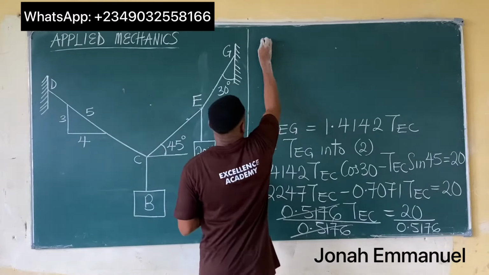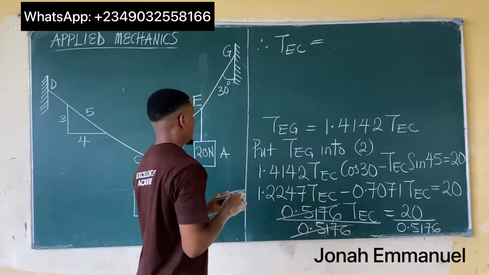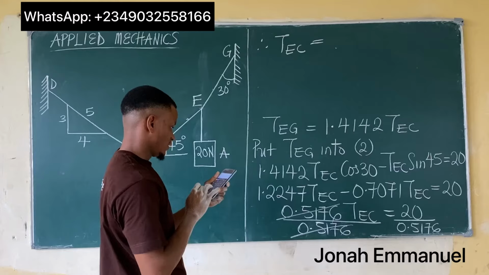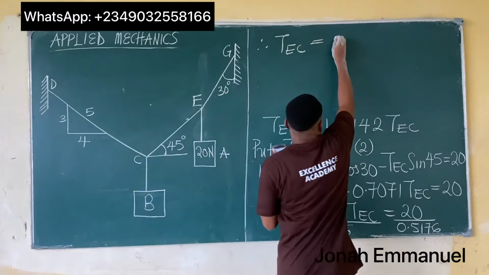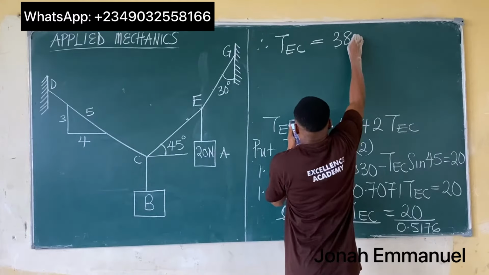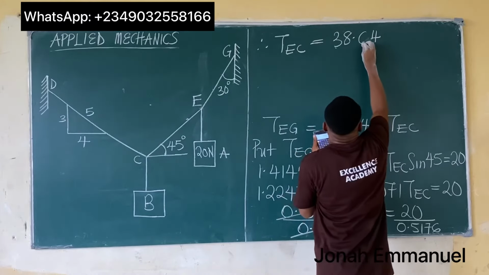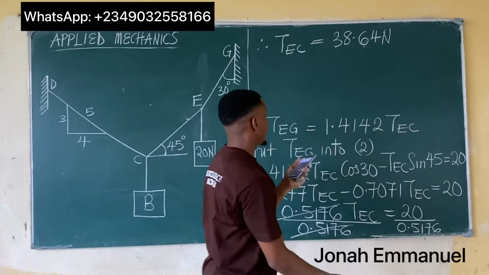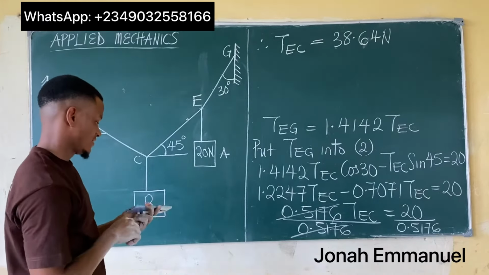Alright, so therefore the tension for EC is equal to, what do you get there? 20 over 0.5176. That's about 38.64 Newton. That's the value of TEC, 38.64 Newton in 2 decimal places.